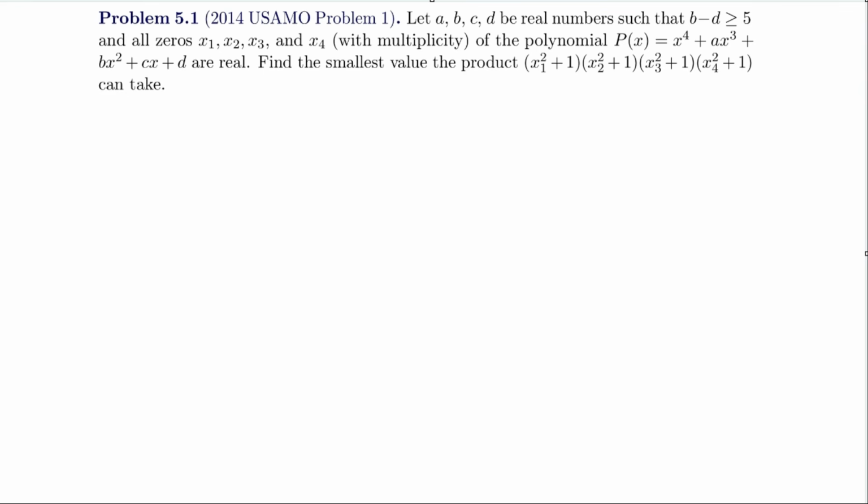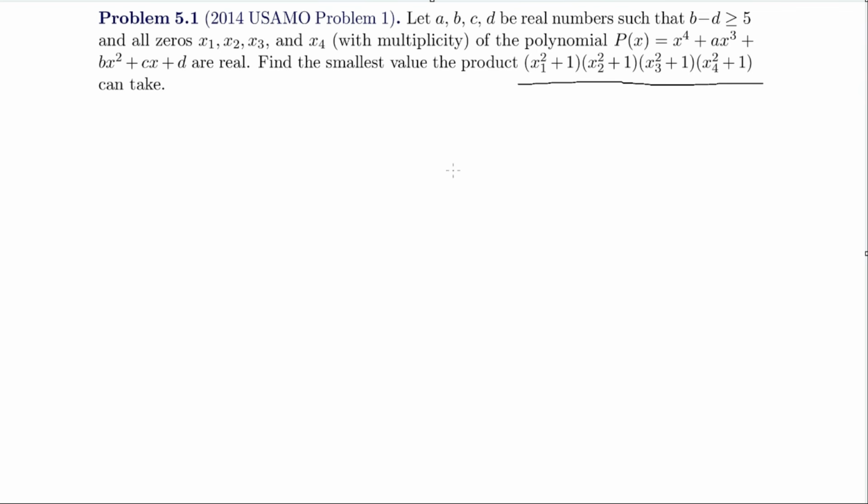So one way we could try doing it is just by expanding this entire thing out and figuring it out in terms of the symmetric sums we all know and love. For example, x1 squared times x2 squared times x3 squared times x4 squared is just equal to d squared by Vieta's formulas. But the other ones aren't going to come as easy. So we really want an easier way.